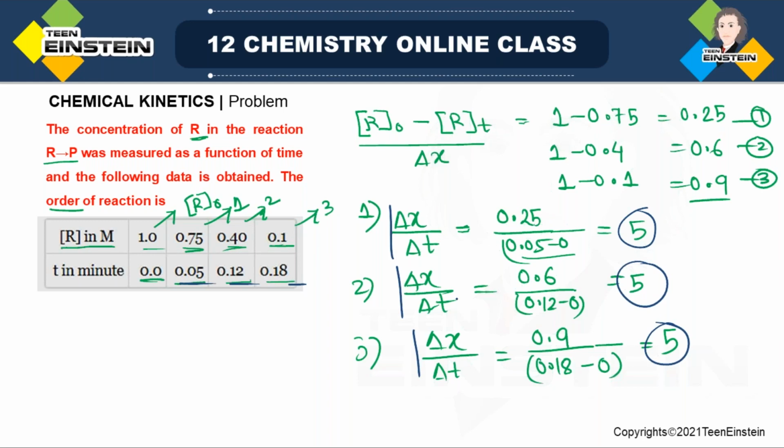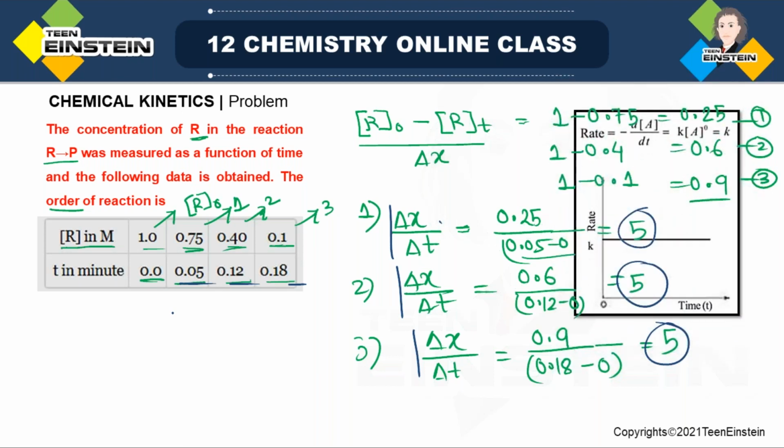And this happens for which order reaction? Any idea? If we draw rate versus time, it will be parallel to the x-axis, that is, time is present on the x-axis.